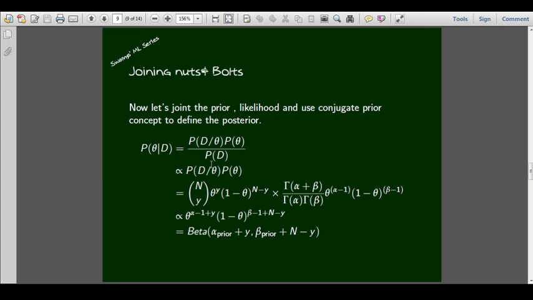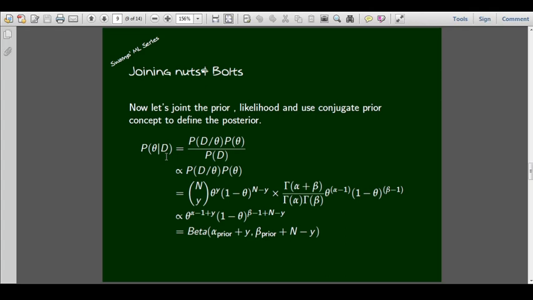P of D is actually the marginal distribution. We make use of this P of D to make this P of theta given D a proper probability distribution, because a probability distribution must satisfy two important properties. One is that each value of the distribution is positive. The second is that the total of the distribution should be 1.